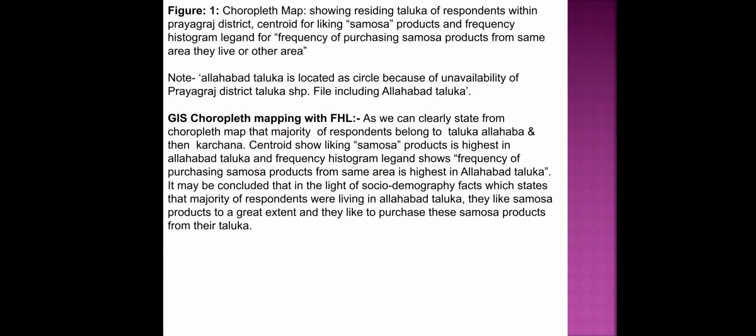So this map was showing the residing taluka of respondents. As we can clearly state from the choropleth map, the majority of respondents belong to Allahabad taluka. The centroid shows liking for samosa products is the highest in Allahabad taluka, and the frequency histogram legend shows frequency of purchasing samosa products from the same area is highest in Allahabad taluka.